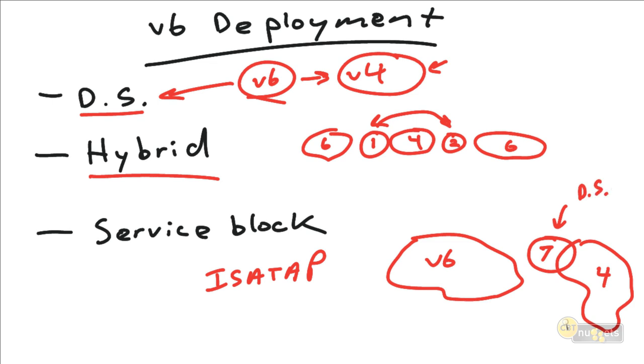With ISATAP, a device comes online and is able to dynamically create a v6 tunnel to this dual stack router in order to communicate into the v6 world. So an ISATAP tunnel is one of the many types of dynamic tunnels that can be created. It's for within a site only, and it's for the automatic tunneling of devices in that v4 only world, allowing them to communicate with the v6 environment. Pretty cool.